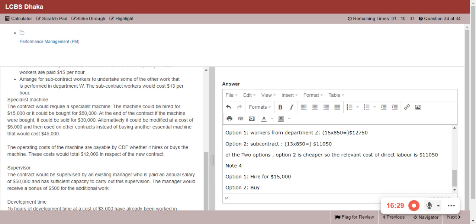If I buy the machine for 50,000 and sell it for 30,000, my incremental cost is relevant. So in the case of buying, it's 50,000 less 30,000. So my incremental cost is 20,000.